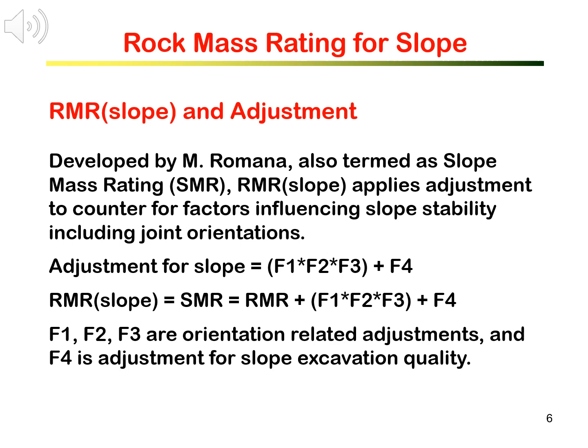For rock mass quality rating for slope, RMR slope equals the basic RMR plus F1 times F2 times F3, and then plus F4.